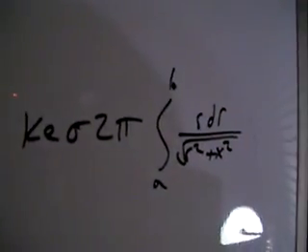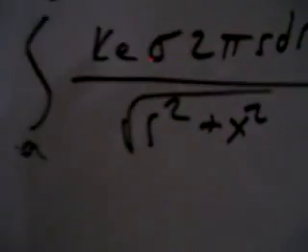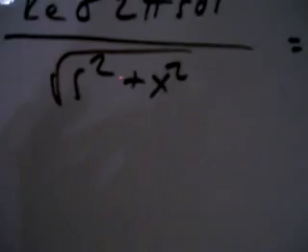Now I'm not going to do the u substitution. I did a u substitution, but it'll almost be like using a table if I just write down the answer. So we know how to integrate it with a u substitution. But it comes to this result. Potential equals 2 Coulomb's constant sigma pi.